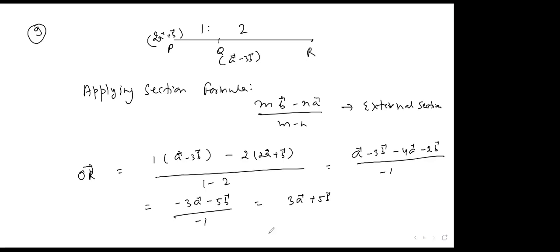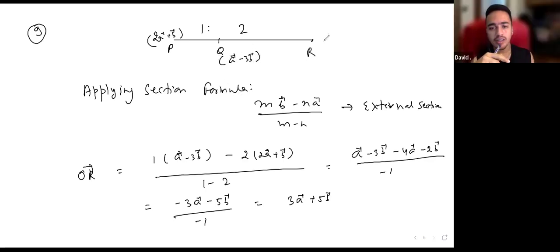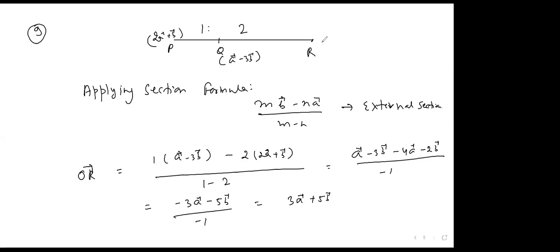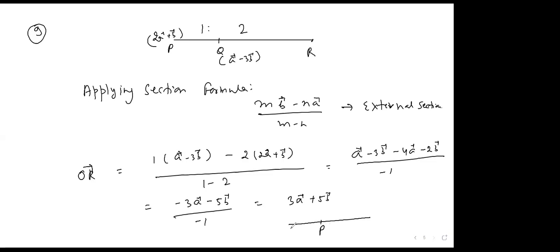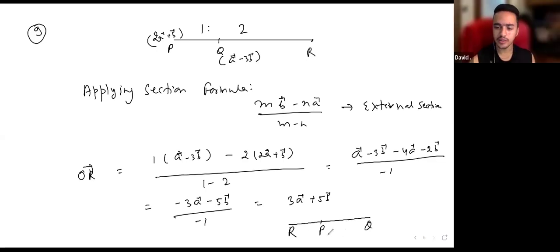In fact, the section is not like what we drew above. It is like this: P is somewhere in the middle, and this is RQ. Got it, sir.